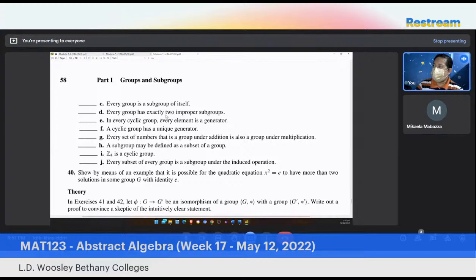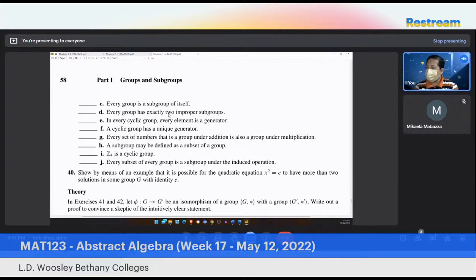Letter D. Every group has exactly 2 improper subgroups.